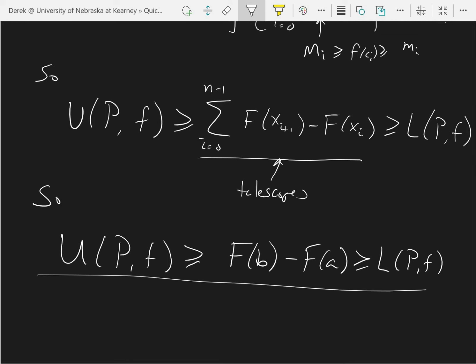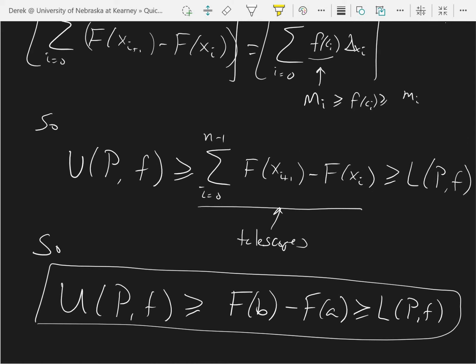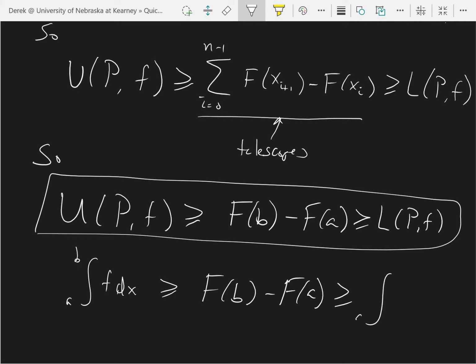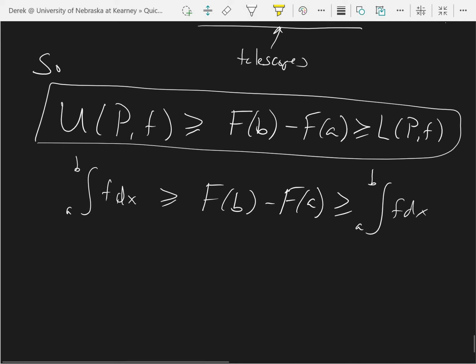This was true as long as I could use the mean value theorem, and our assumptions make the mean value theorem work. In the limit then, the integral from a to b of f dx is bigger than or equal to F of b minus F of a, which is bigger than or equal to the integral from a to b f dx, so they have to be equal.